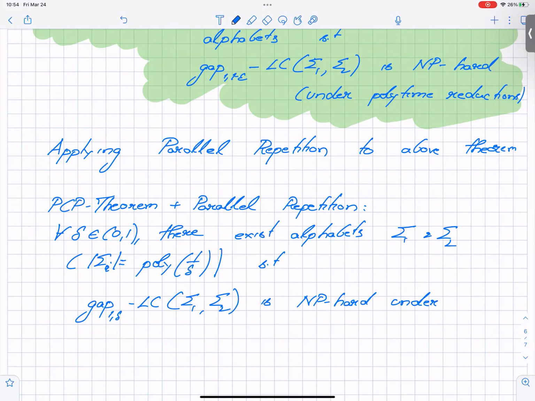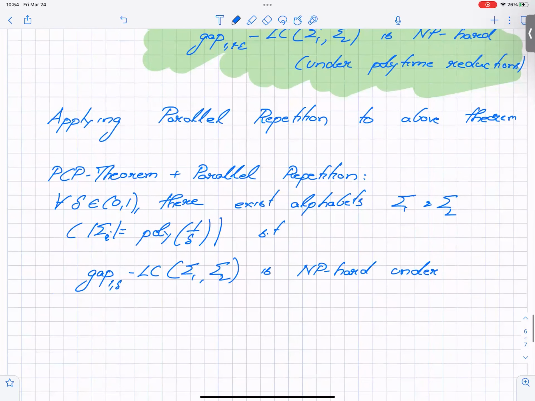Because I'm stating it for all delta, let's state it as an n to the power order log 1 over delta time reduction. So for all constant delta you do get this, but once you go to super constant, this is not a polynomial time reduction. That's the reason why I'm writing it this way.